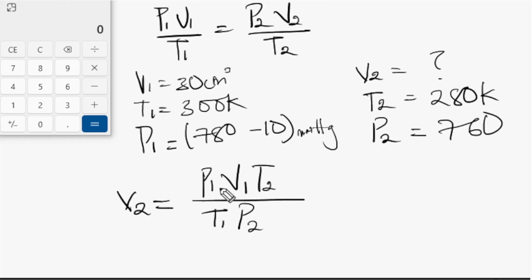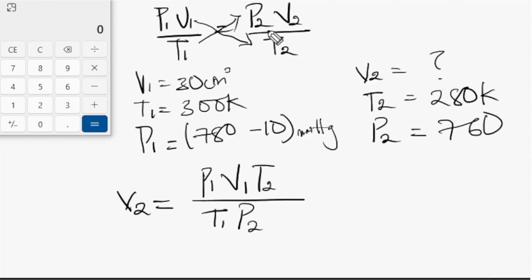So guys, if you're not yet good with making any of the variables the subject of the equation, that's one of the easiest things you can do by just making a cross this way whenever you have things that you want to make one the subject of the formula. So it means that everything here goes with everything here, and then everything here goes with everything here.